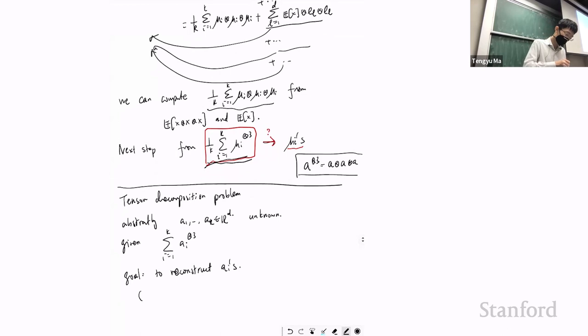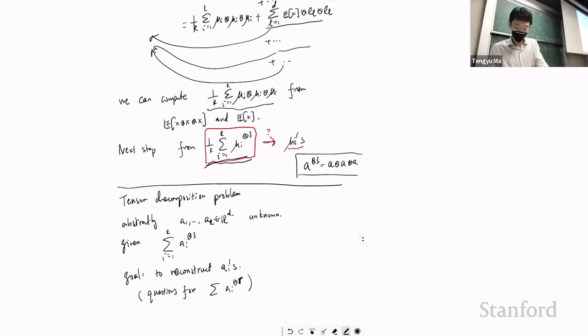You can also ask the same question for different orders of tensors, for some rth order tensor for some r that is possibly bigger than 3. It turns out that you can also get the fourth order tensor from this moment method. If you take the fourth moment of the data, you can get a_i to the tensor 4, with some rearrangement like what we have done. So basically, these are the interfaces: you reduce the unsupervised problem to this so-called tensor decomposition problem.